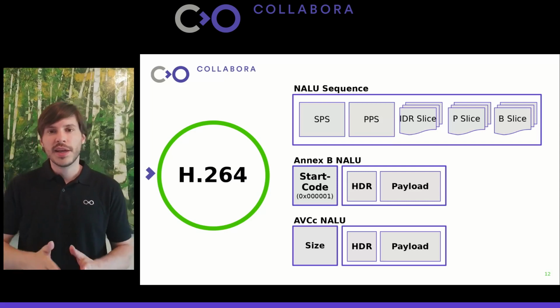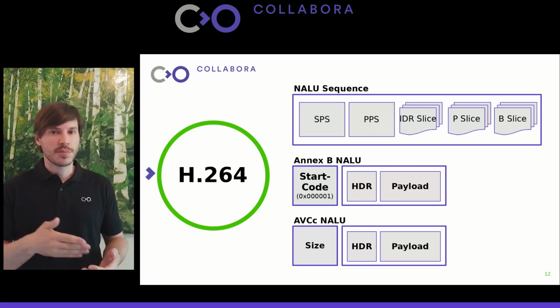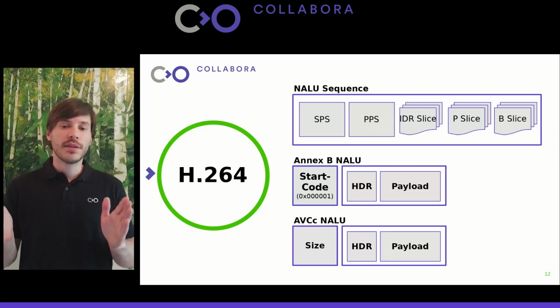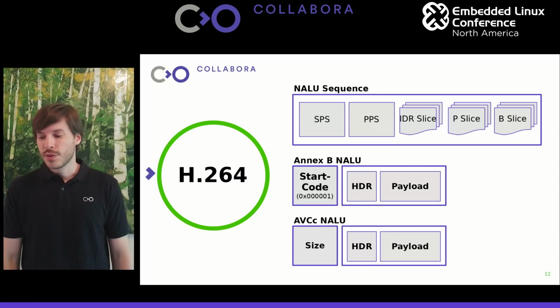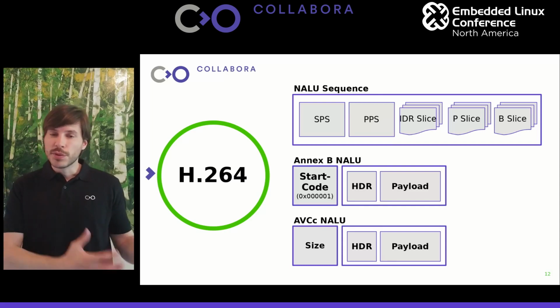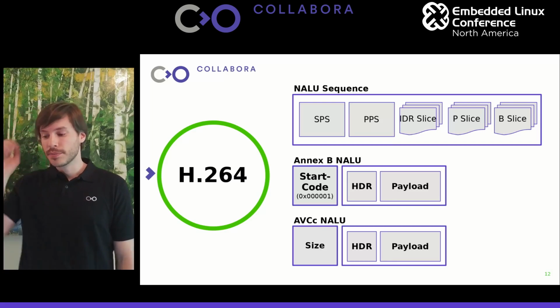So you would read the size and jump over if you don't care about this NAL. So it's much faster to navigate, but you need to receive the data aligned with the NAL. So for storage, we will mostly use AVCC, and for streaming, we will mostly use Annex B NALUs.